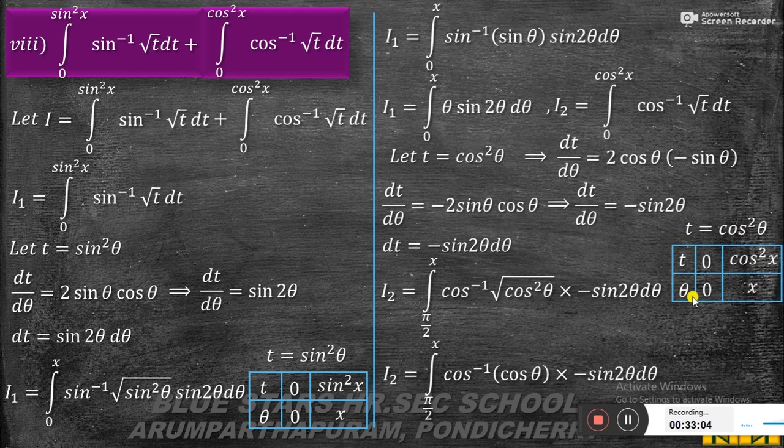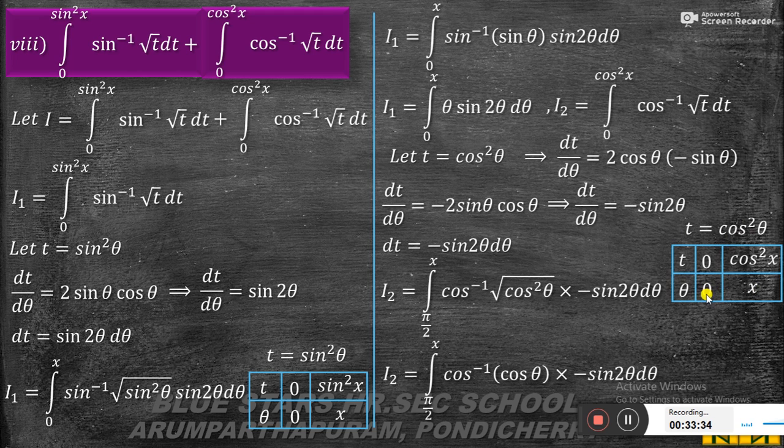So the theta limit is 0 to x. Now t equal to 0 means theta equal to cos inverse of 0, and its value is pi by 2. So theta equal to pi by 2.